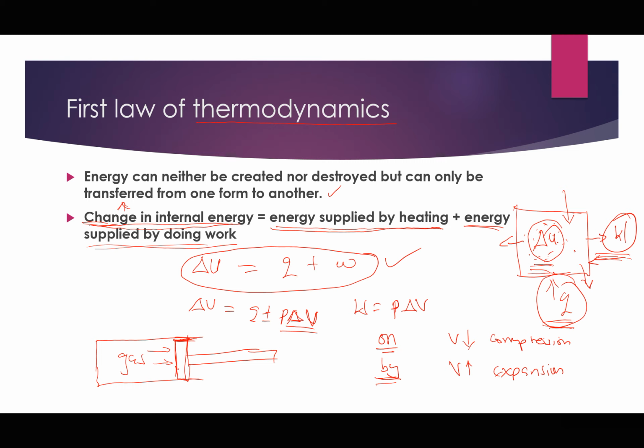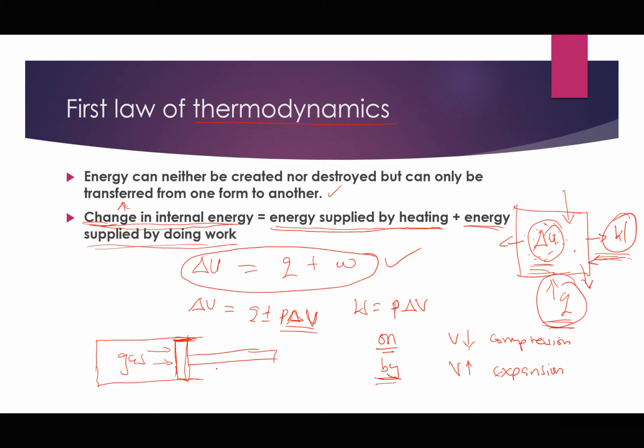For example, here the gas expands and pushes the piston. The gas is transferring energy to the piston by mechanical means, by movement. Yet another way of transferring energy is applying heat directly. Here, energy flows from a region of high temperature to a region of lower temperature naturally.